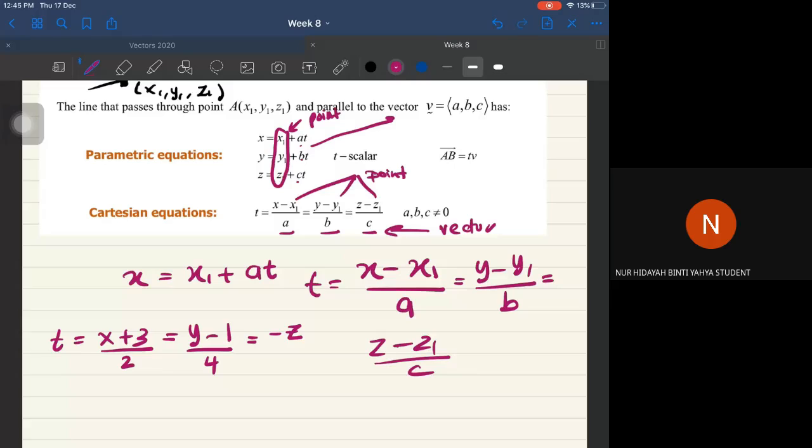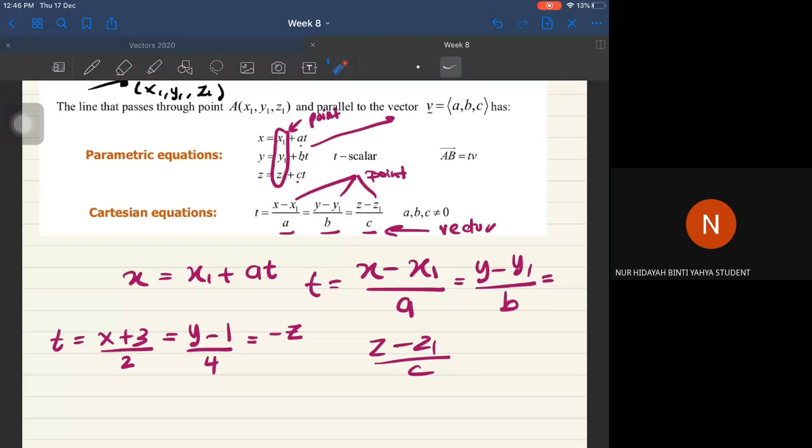So kalau saya bagi awak, if let's say this is your Cartesian equation, what is the vector from this Cartesian equation? Apa nilai vektor awak? Salah.